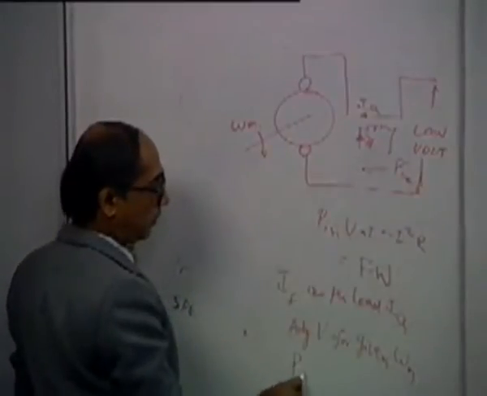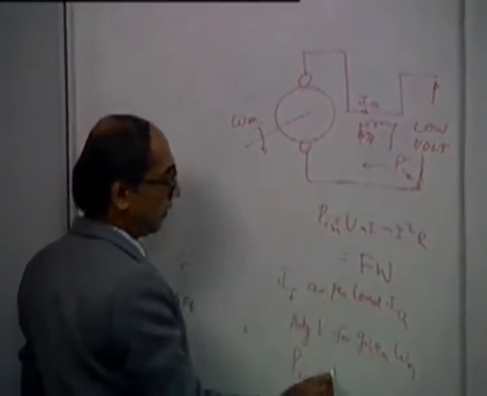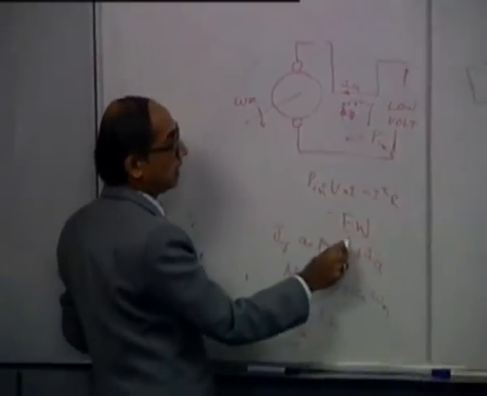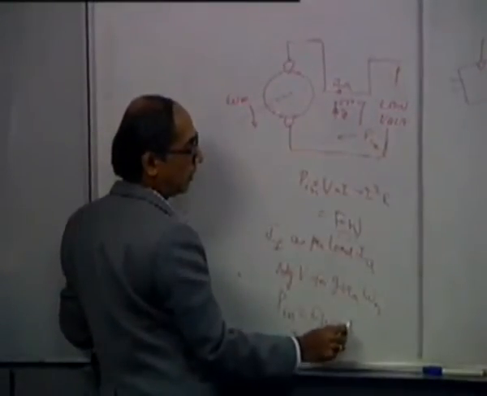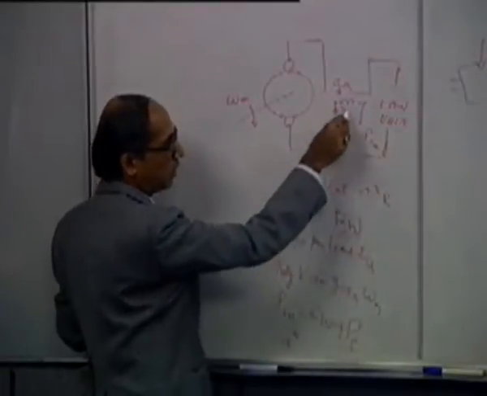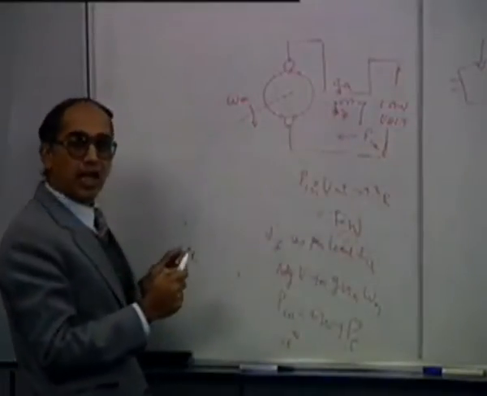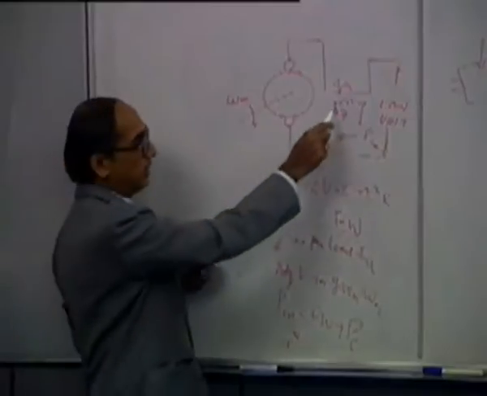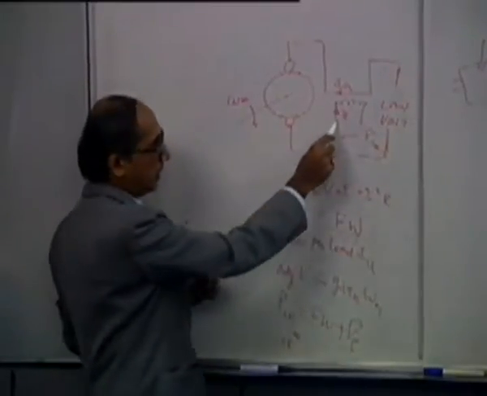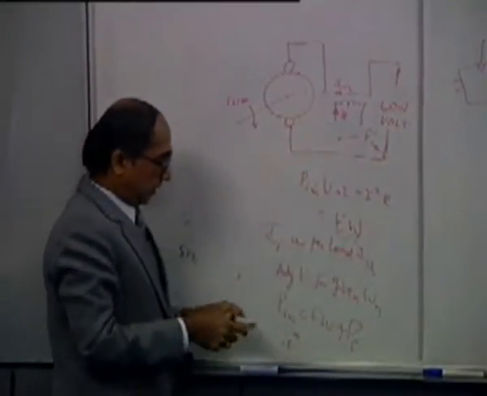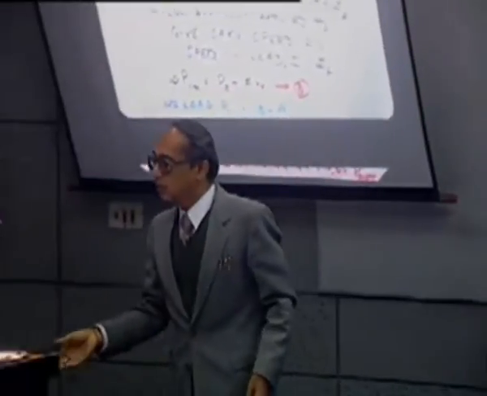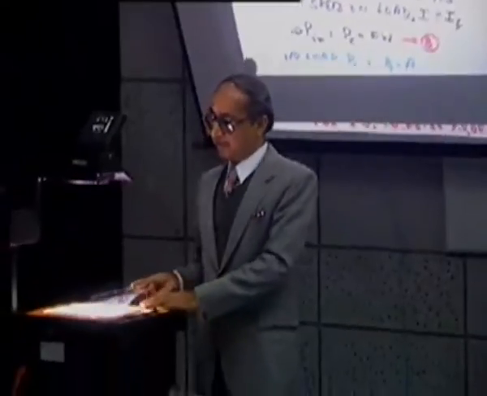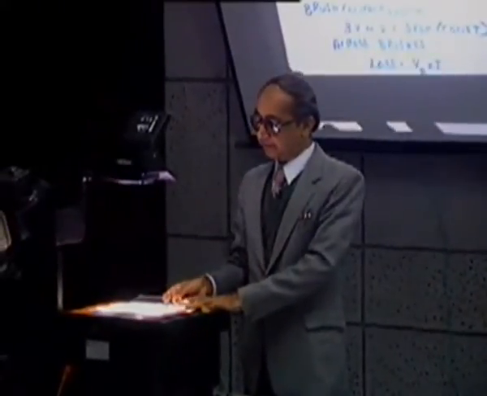the power input now will be not only the friction windage, because whatever was the friction windage earlier that will remain, plus this will also add the core loss, because now it is operating at nominal flux, IF, which is separately excited. So this way we will have the two losses and we can get the difference.